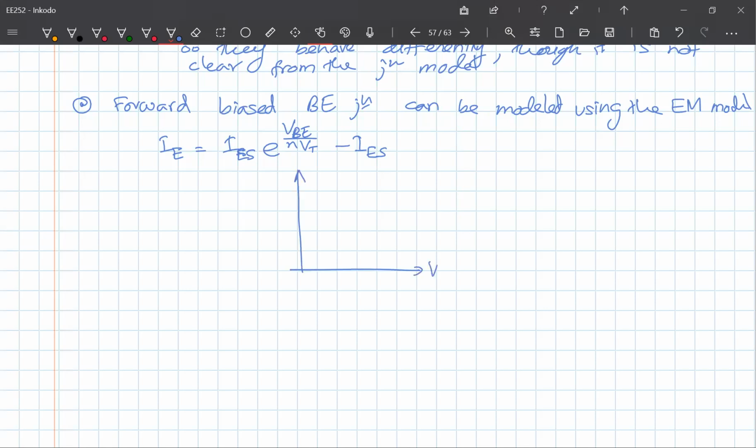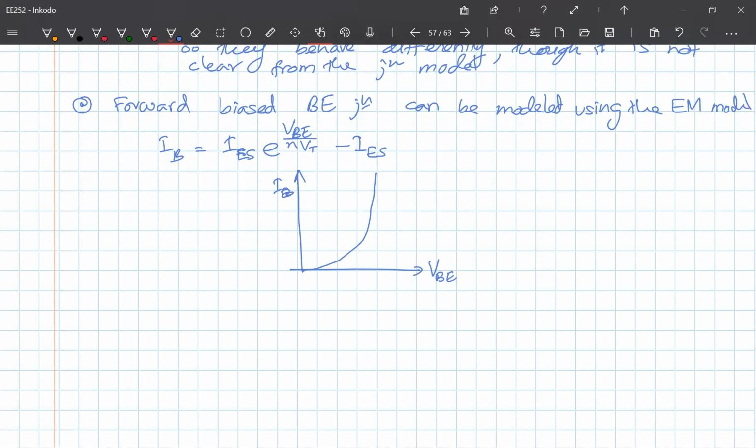So this is the voltage, and this is the current. Let me call this IB. Something like this. So this is the whole thing.